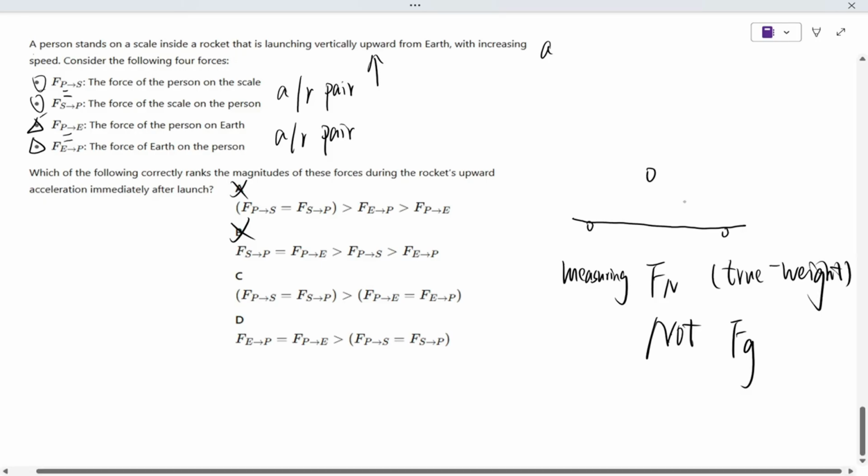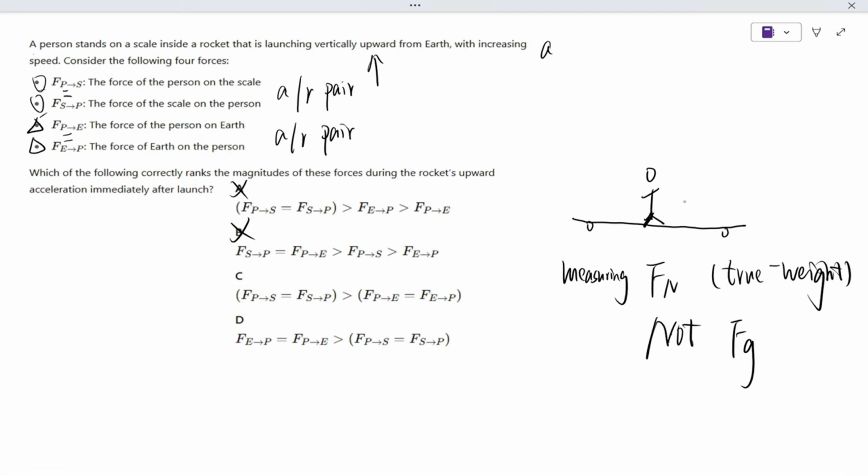Imagine this: you're standing on a scale, right? And the scale is measuring the force that it needs to keep you staying in your position, not the force that you give to the scale, pushing it downwards. It's measuring your normal force, which is this force. You have to remember this.